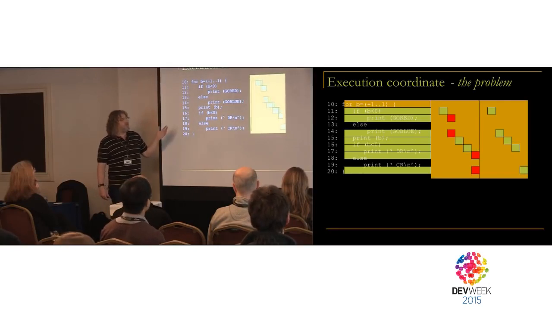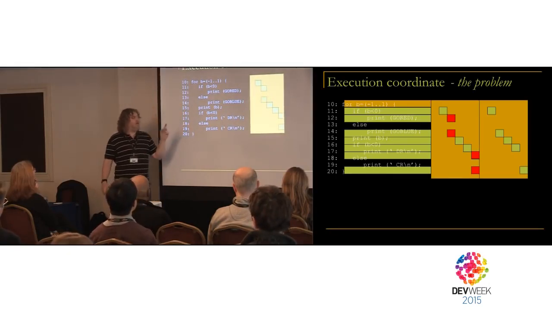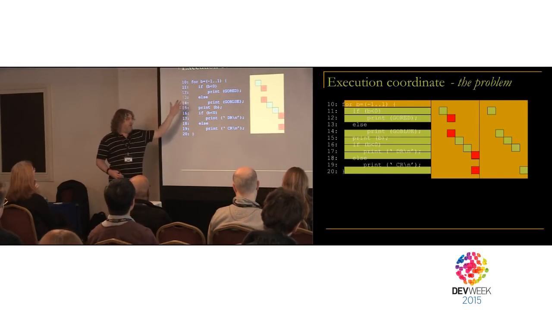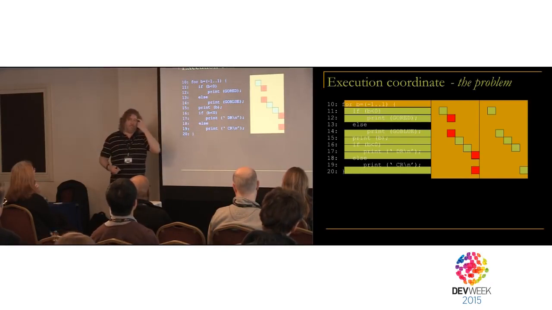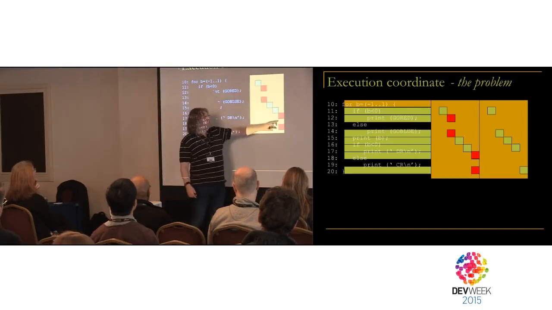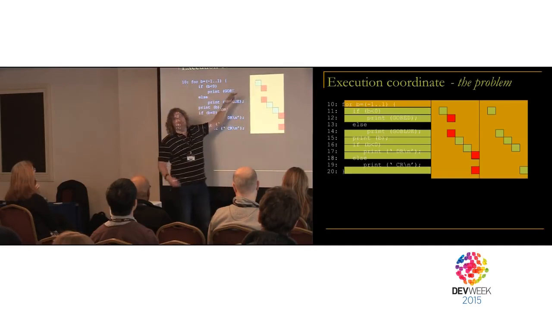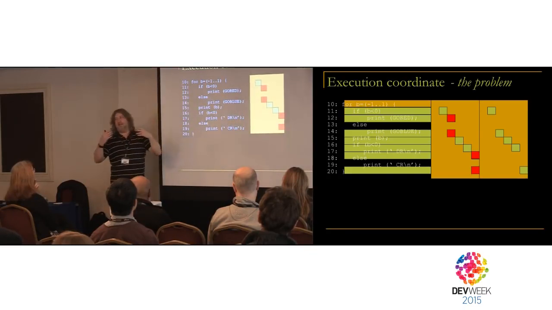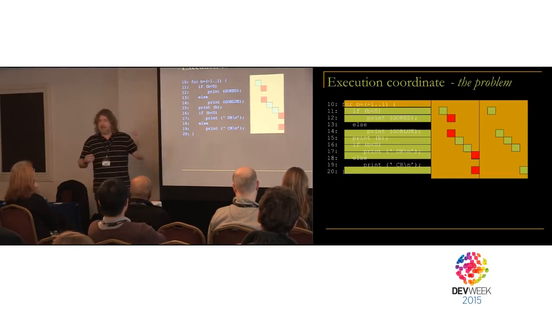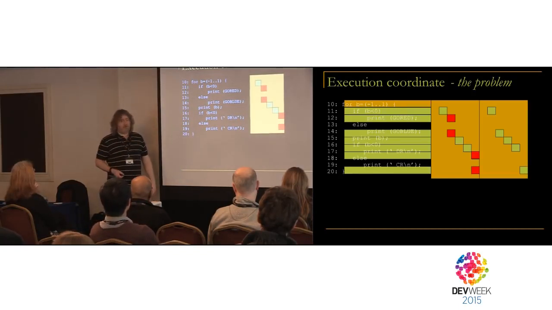But it means that when we actually try and look at this in these execution coordinate terms, we can't tell what the history is. From here, it could have been either of these histories. We've lost our sense of this clear, unequivocal history, exactly as what happened when I showed you that Fortran code.